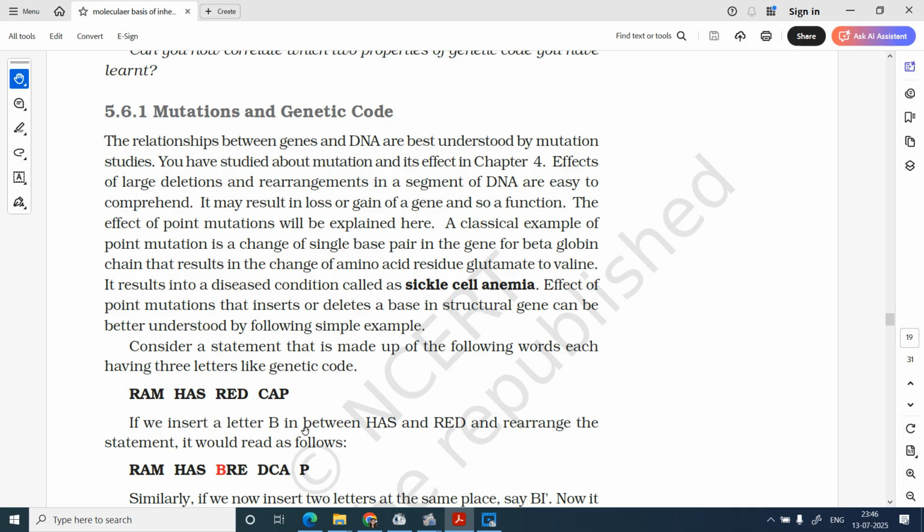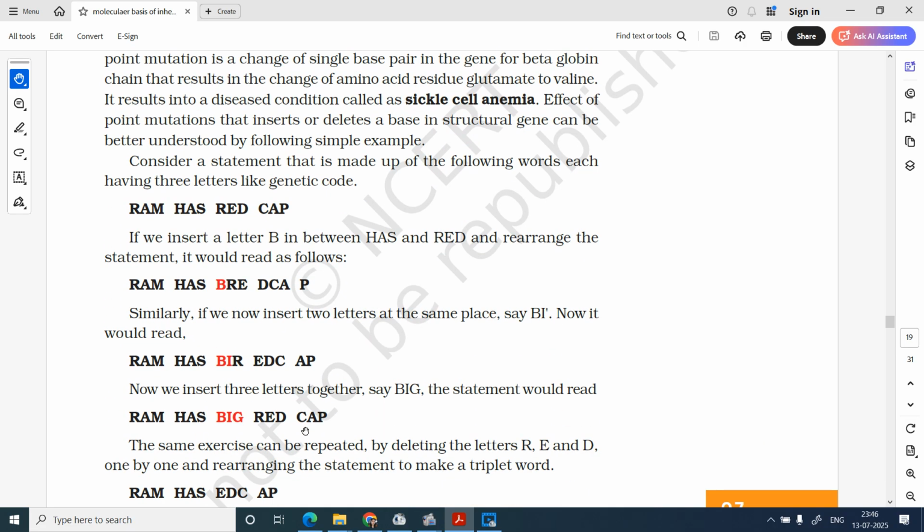The effect of a point mutation that inserts or deletes a base in a structural gene can be better understood by the following simple example. Consider a statement that is made up of words having three letters, like the genetic code: Ram has red cap. If we insert a letter B in between has and red and rearrange the statement, it would read as follows: Ram has BRE DCA P. Similarly, if we now insert two letters at the same place, say BI, it would read Ram has BIR EDC AP.